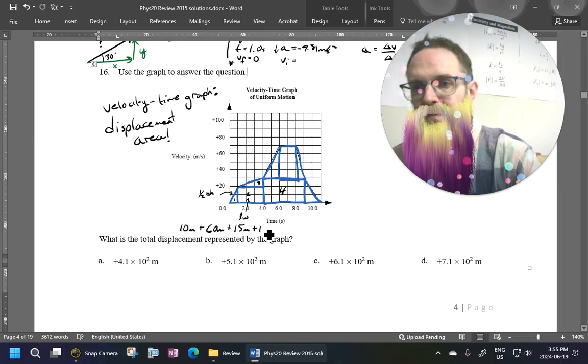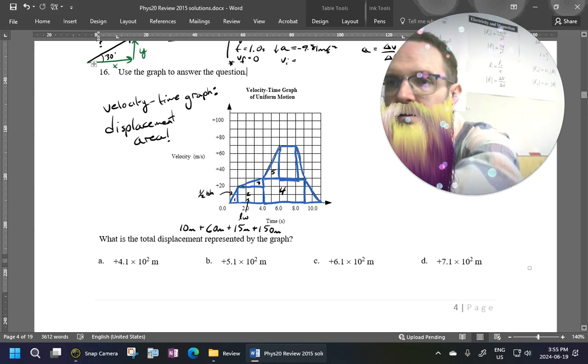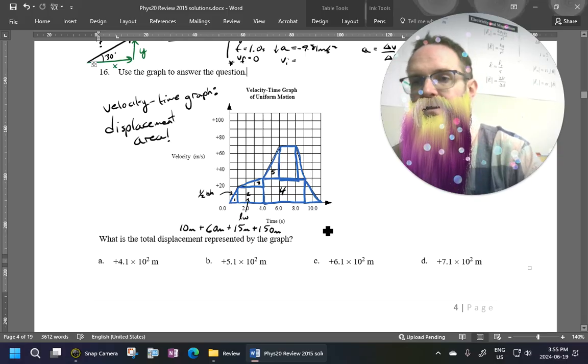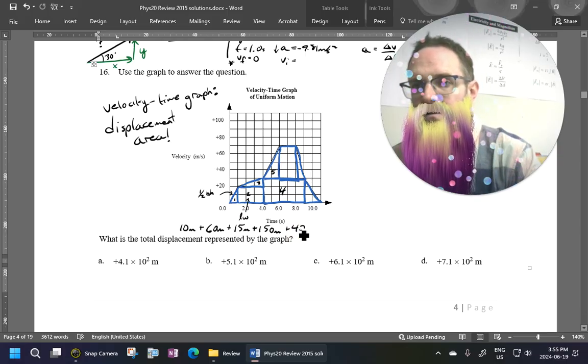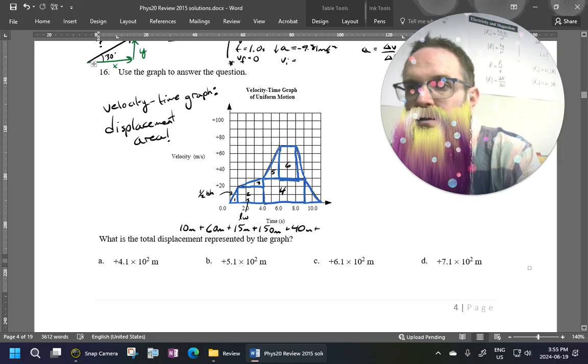And then I'll do this one here, so that's 2 times 40 divided by 2. Yes, 40 again. Then I'll do that one there. That's 2 times 40. That's 80.